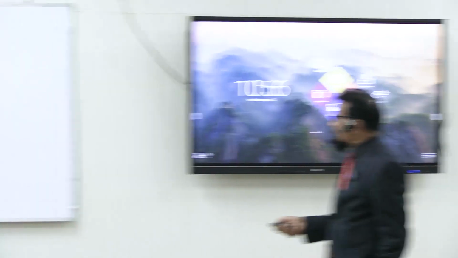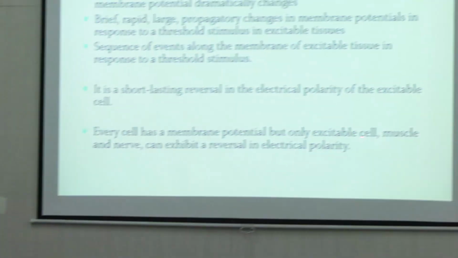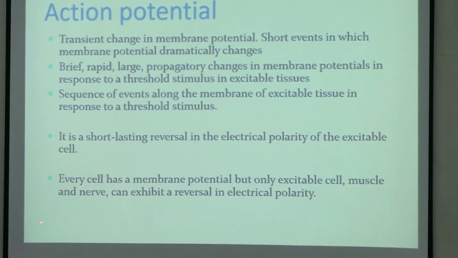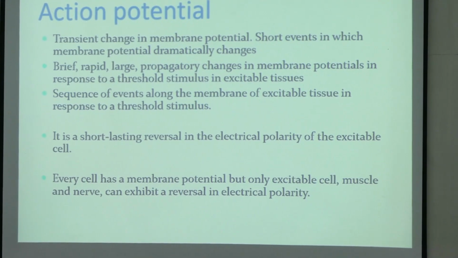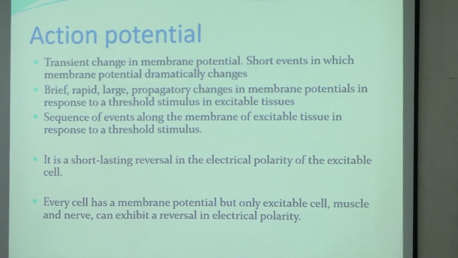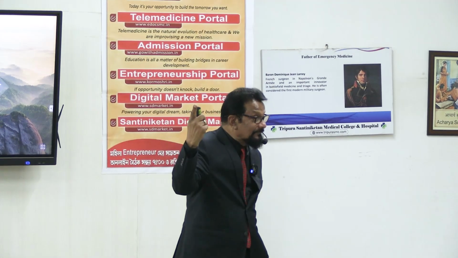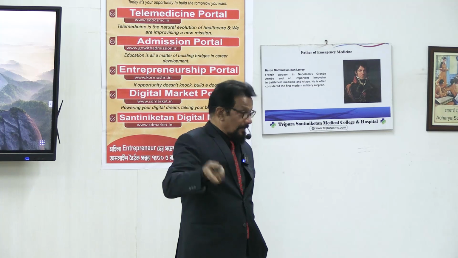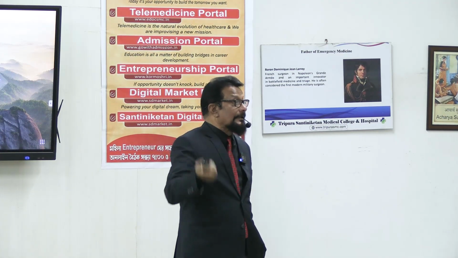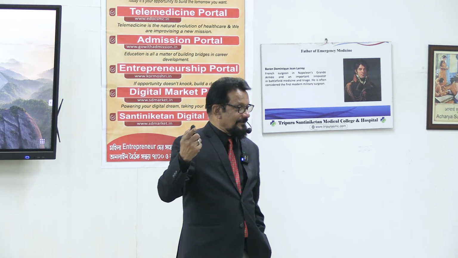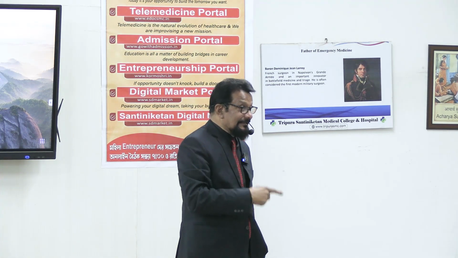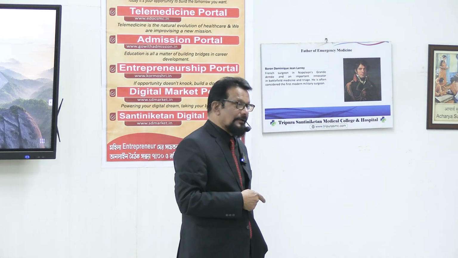Every cell has a membrane potential, but only excitable cells like muscle and nerve can exhibit a reversal of electrical polarity. What does it mean? We have seen when action potential is generated, outside became negative instead of positive, and inside, instead of negativity, it became positive. This is the reversal of potential. In other, non-excitable cells, this will never happen.